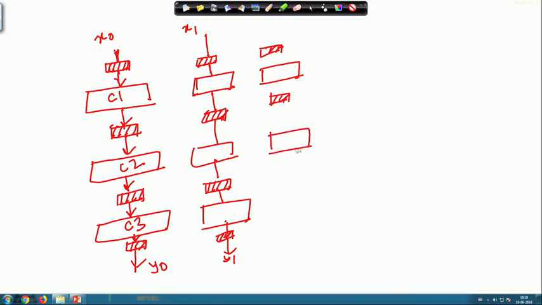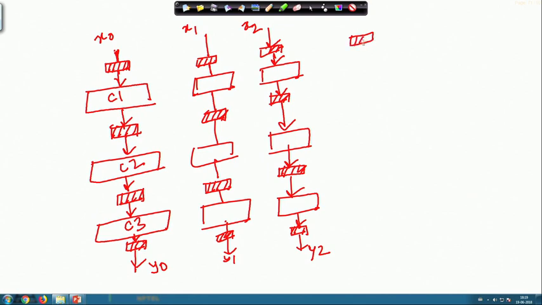That means I am just copying this particular circuit, with the one processing element, multiple times, correct. Then again coming to this, this is for y2 and this is for x2, and then for the fourth processing element again I need to do the same thing.